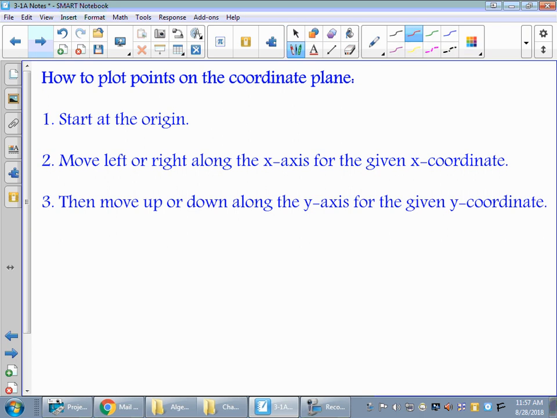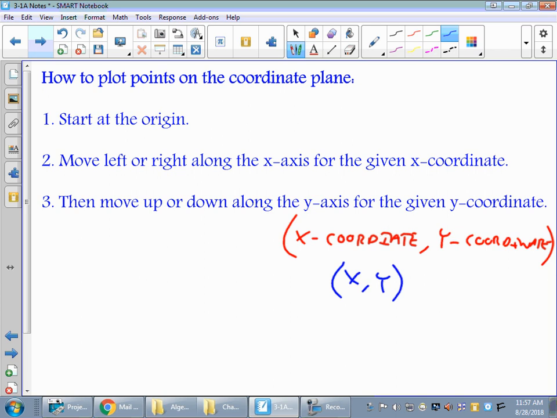And just remember, the x-coordinate goes first, x-coordinate, comma, y-coordinate. A lot of times we shorten that right down to x, y, and that would be your point A or point B or point X, whatever you call it, would be the label of that point. Okay.